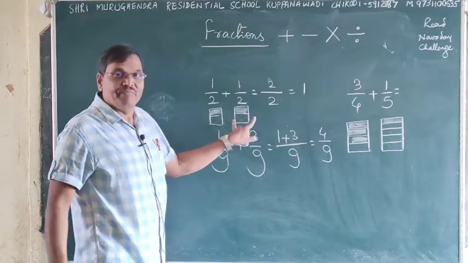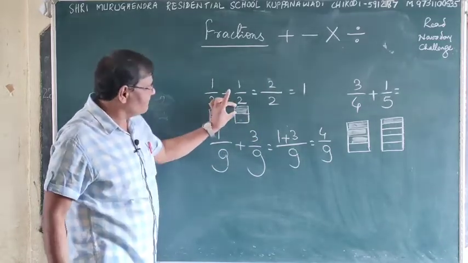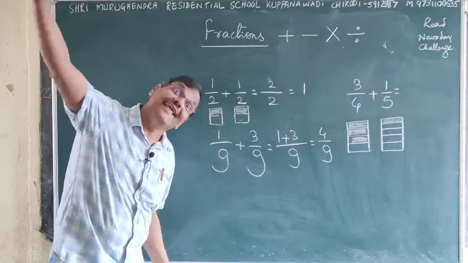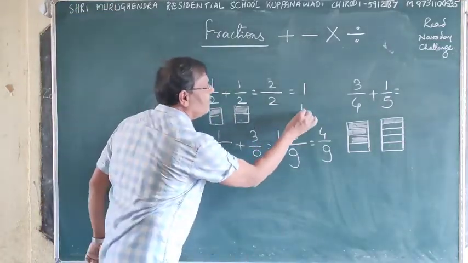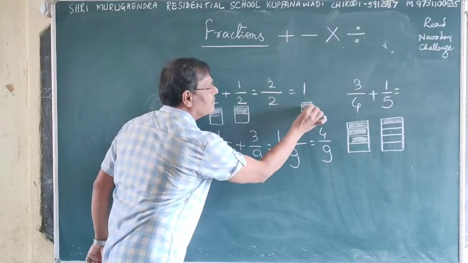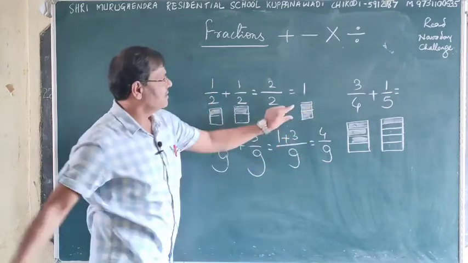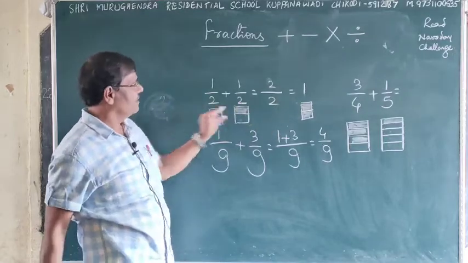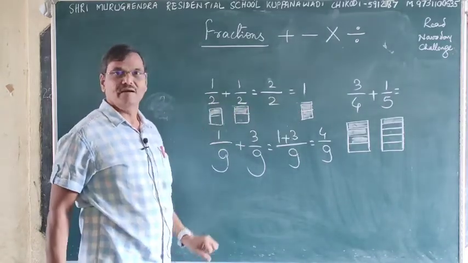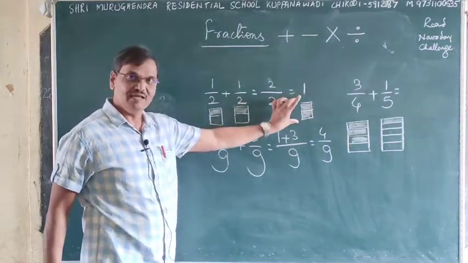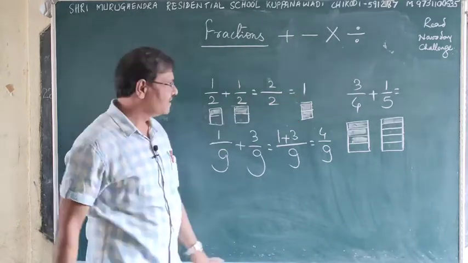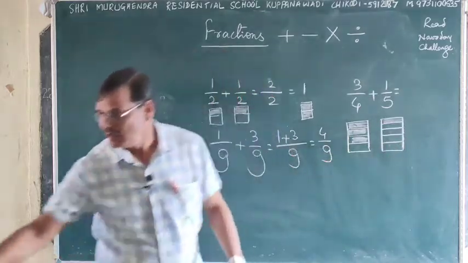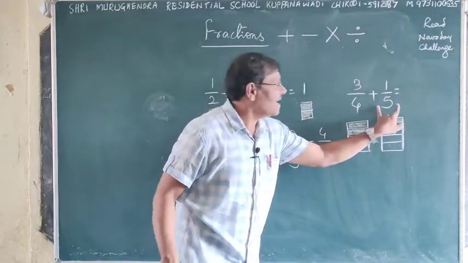If both were halves, you would be adding them and it would be 1 full. See, here half is visible, here half is visible. These 2 halves we took. So you should not add these 2.